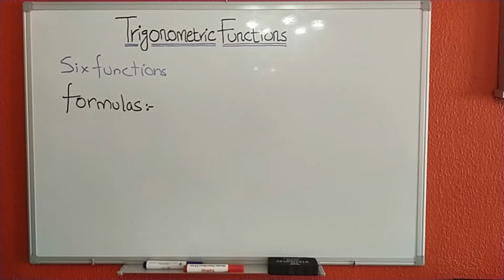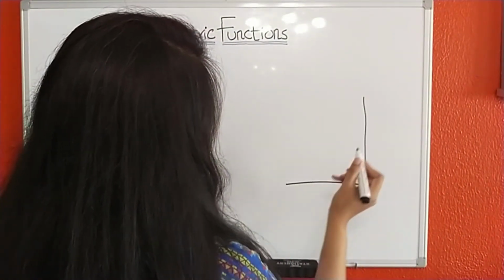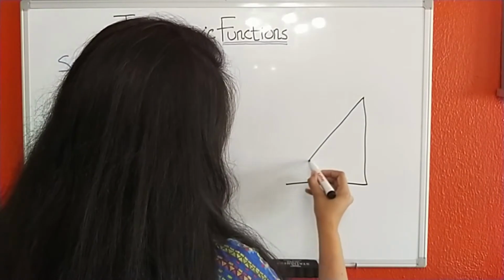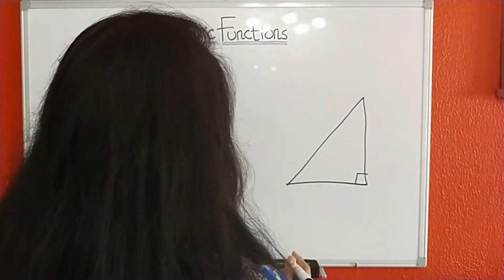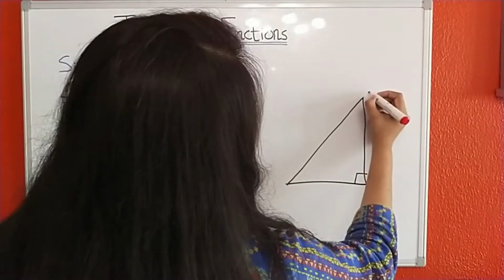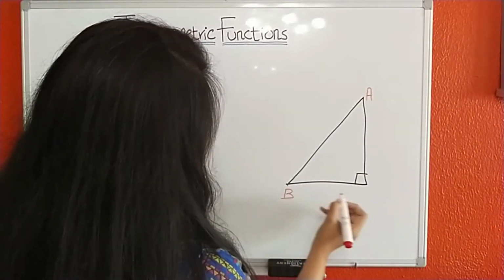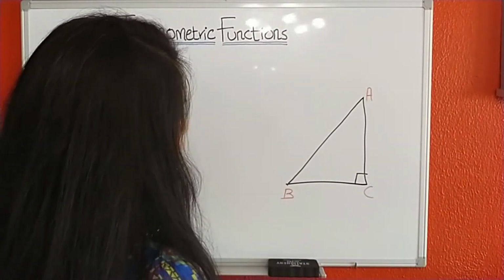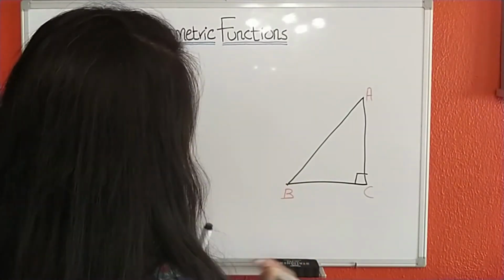Before writing the formulas, I am drawing a right angle triangle here. This is our right angle triangle. Here the angle is 90 degrees. Now I am marking its corners. This corner is A, this is B, and this is C. Now I am marking the sides according to trigonometry.